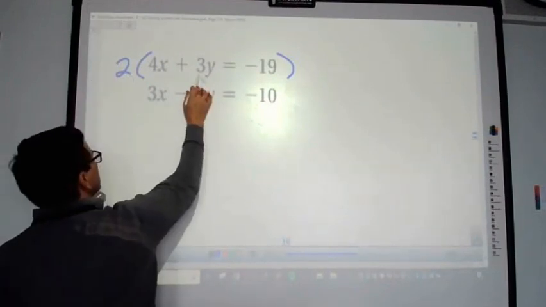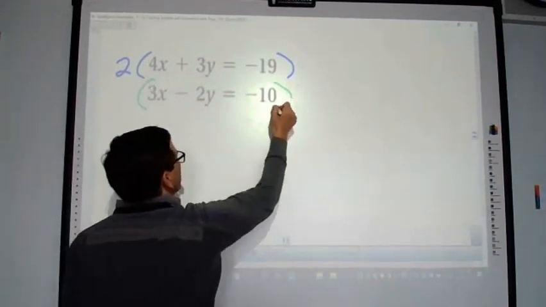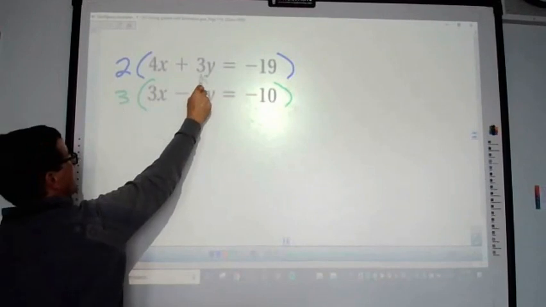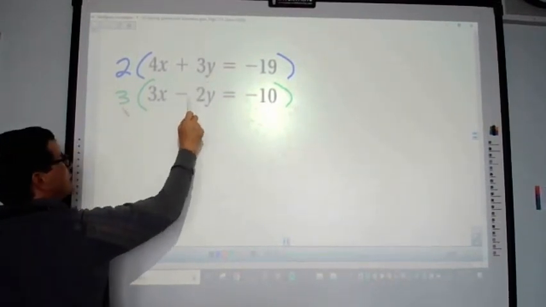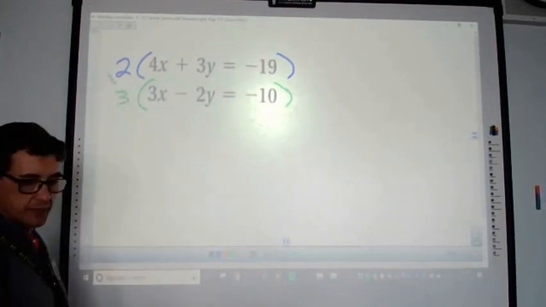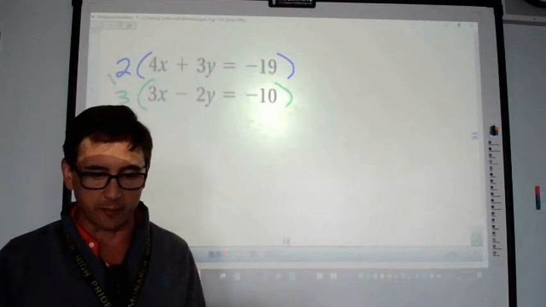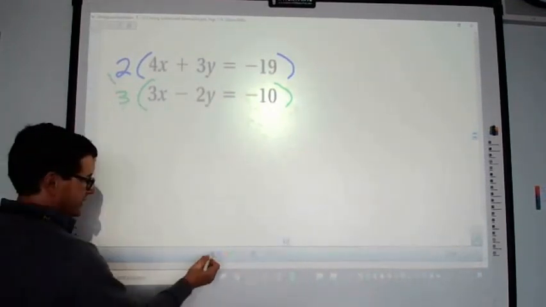I see a 3 in front of the y on the top equation, so I'm going to multiply the bottom equation by 3, right? So just realize that. I got a 3 up here, multiply by 3. I got a 2 down here, multiply by 2 up there. I already have one negative, one positive, so I don't have to worry about multiplying one negative.